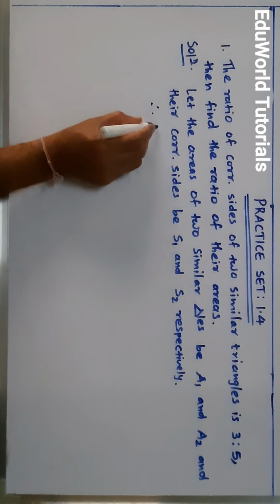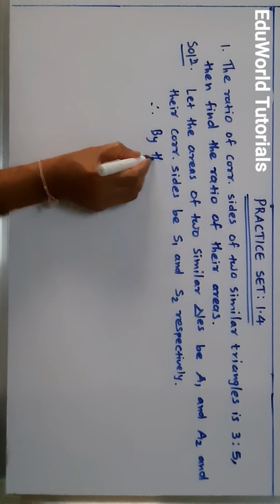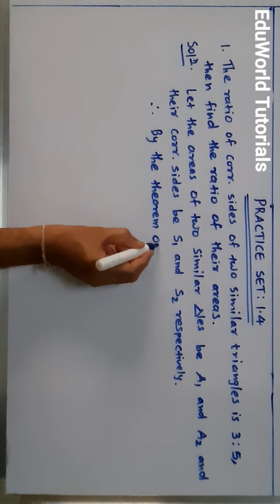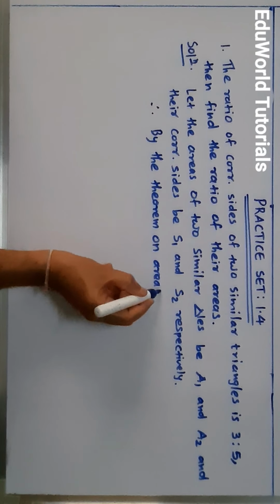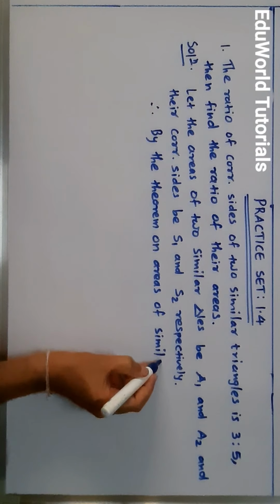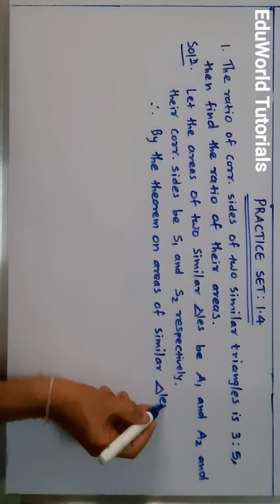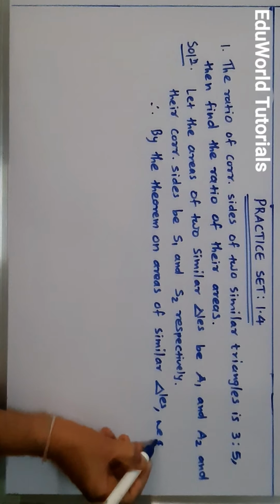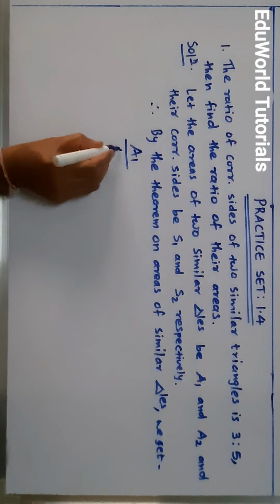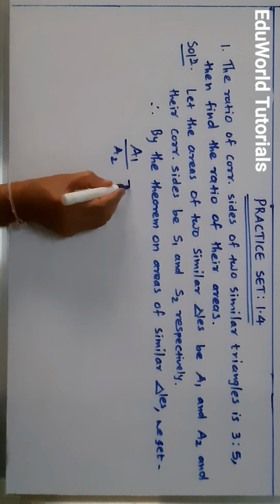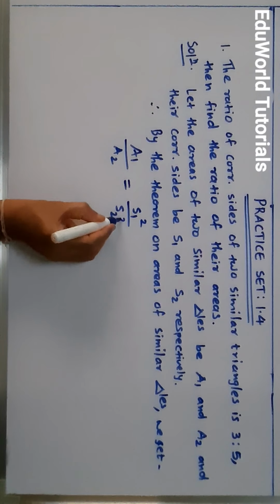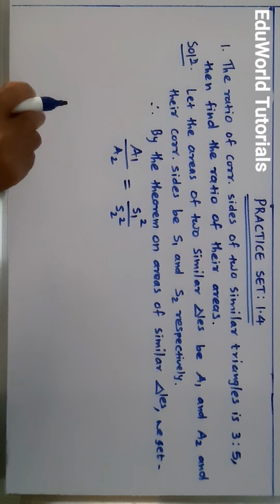Therefore, by the theorem which we just studied, the theorem on areas of similar triangles, what can we write? We get A1 upon A2, the ratio of areas of two similar triangles, is equal to S1 square upon S2 square, the squares of their corresponding sides.